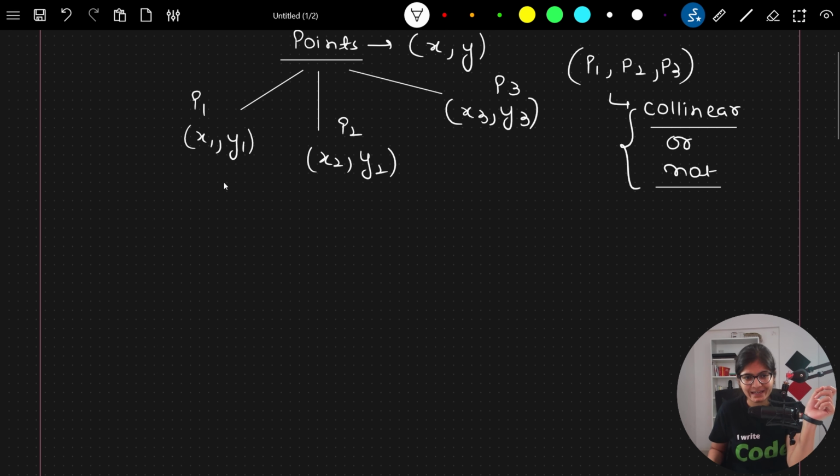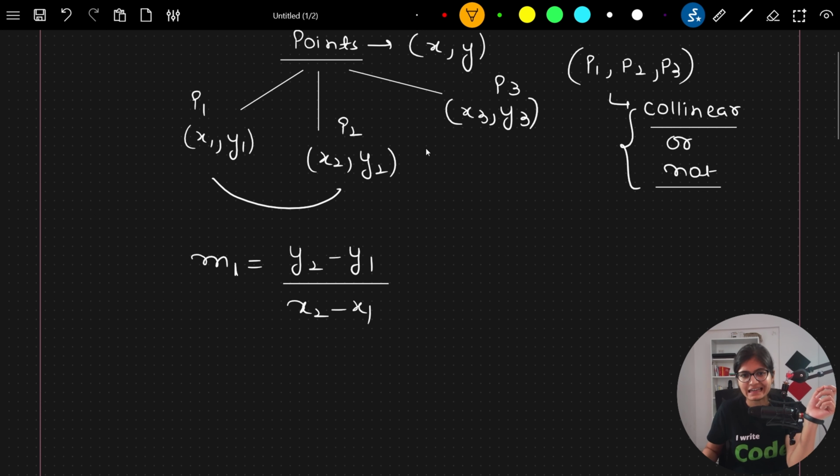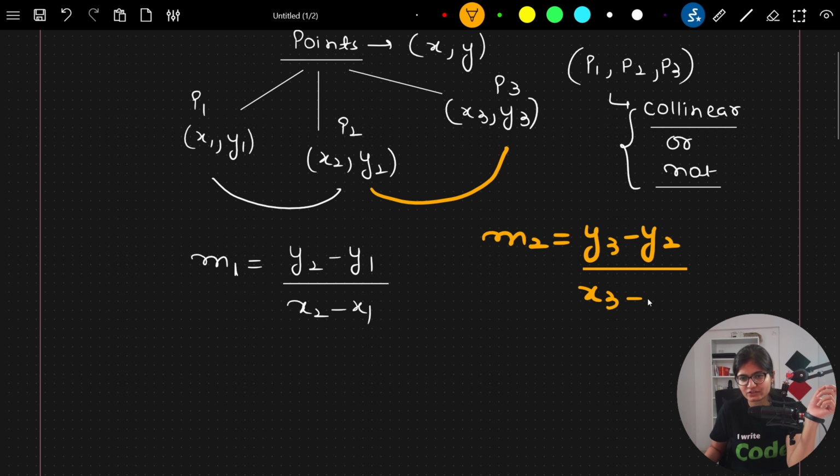If I calculate the slope between P1 and P2, M1 equals Y2 minus Y1 divided by X2 minus X1. Similarly, the slope of P2 and P3 is M2, which equals Y3 minus Y2 divided by X3 minus X2.